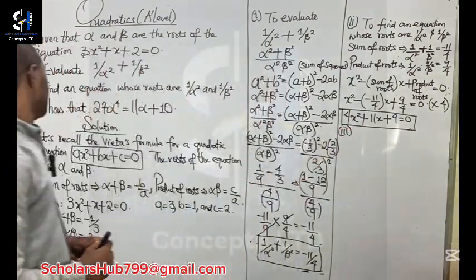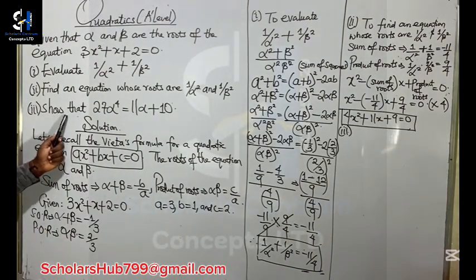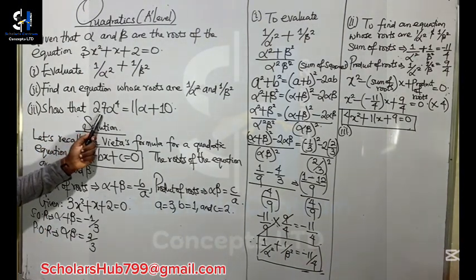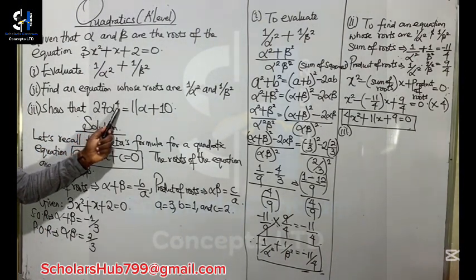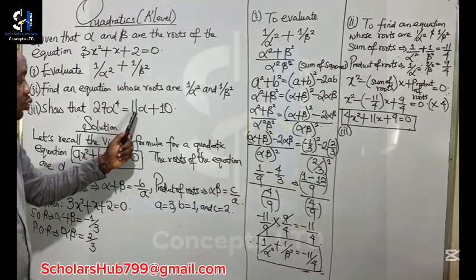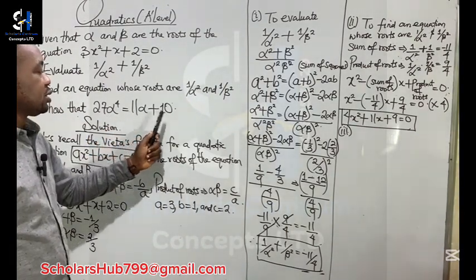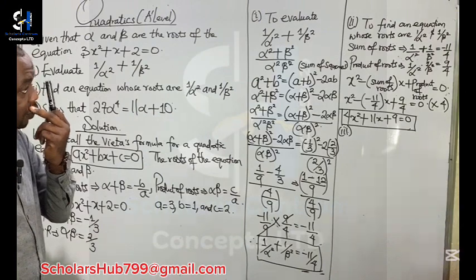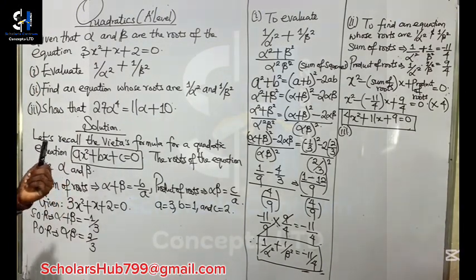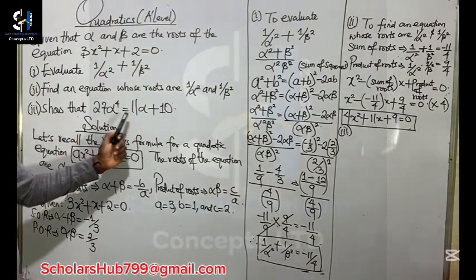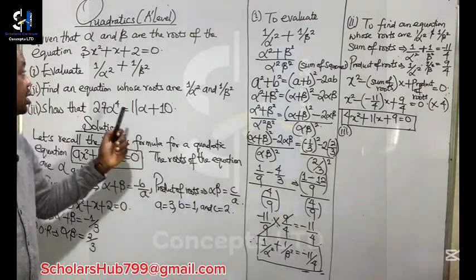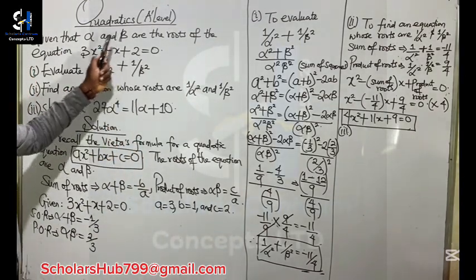Now, about the third question, here we want to show that 27 alpha raised to the fourth power is equal to 11 alpha plus 10. So this means that the only root which satisfies this equation is alpha.